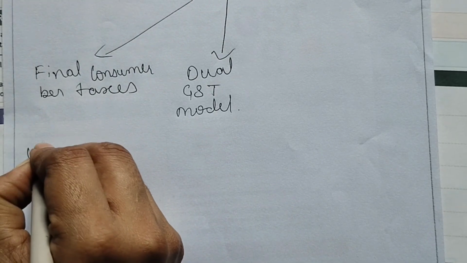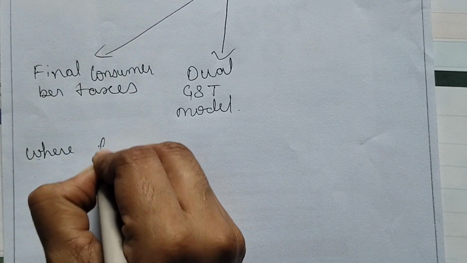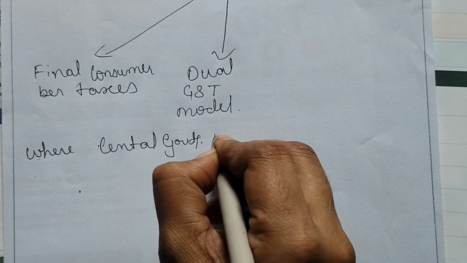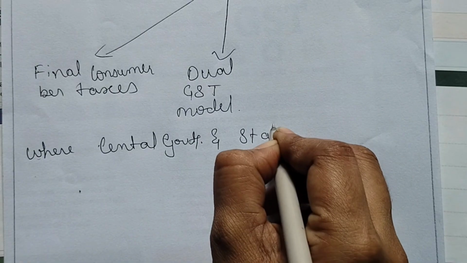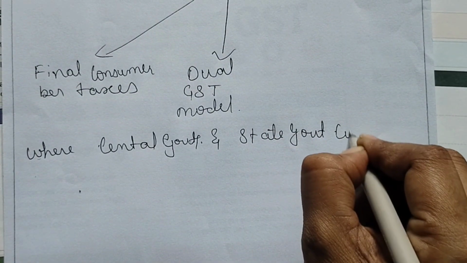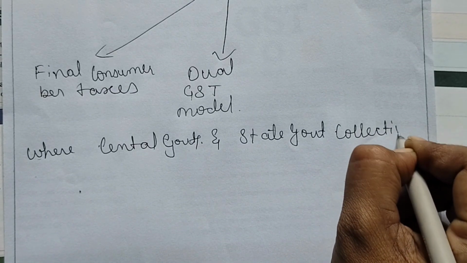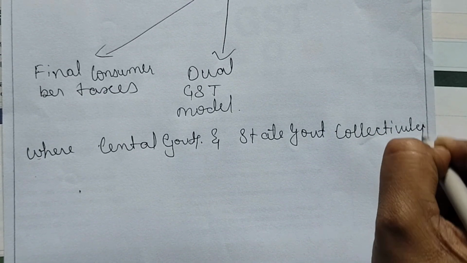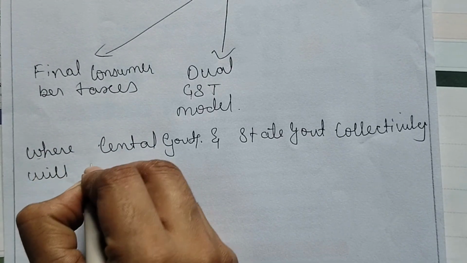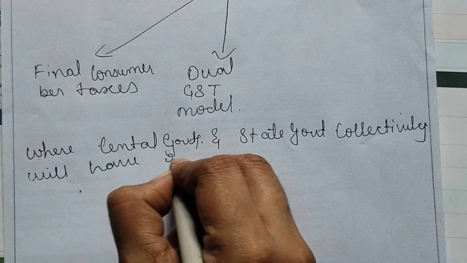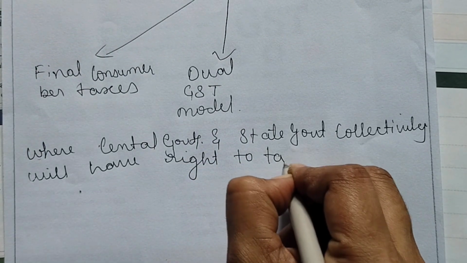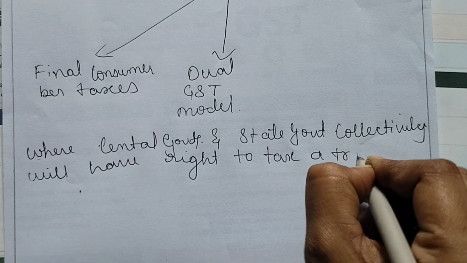Here, the central government and state government collectively will have a right to tax a transaction.